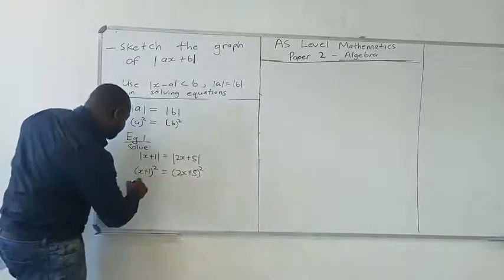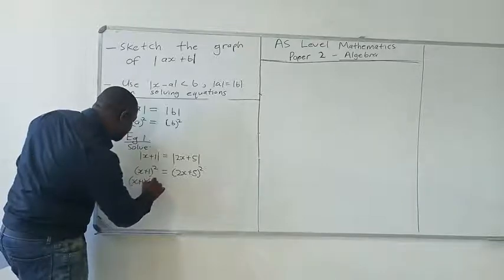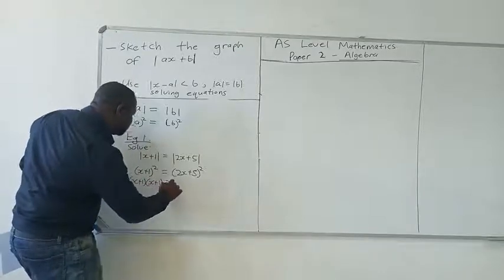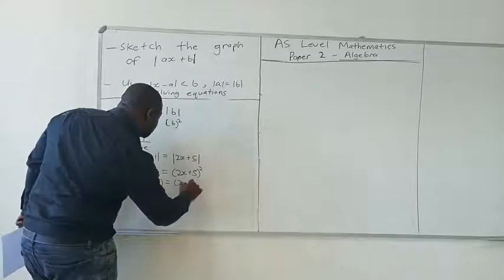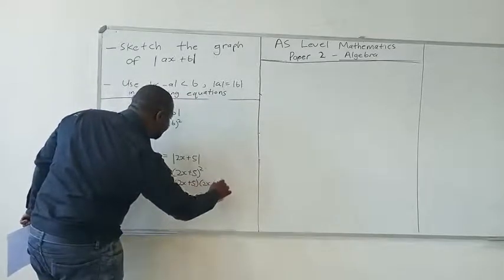We expand the brackets. (x plus 1)(x plus 1) is equal to (2x plus 5)(2x plus 5).